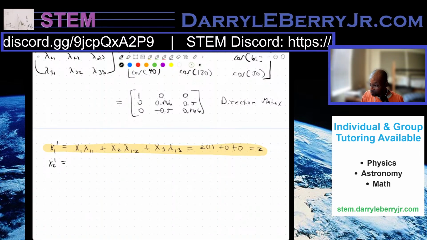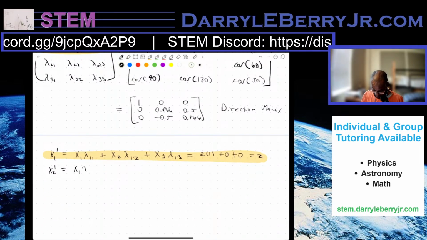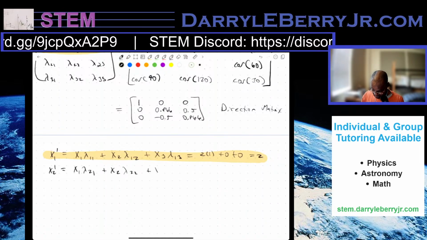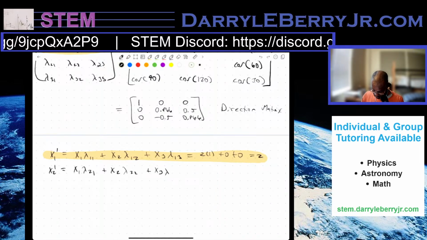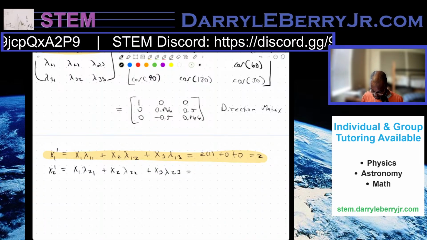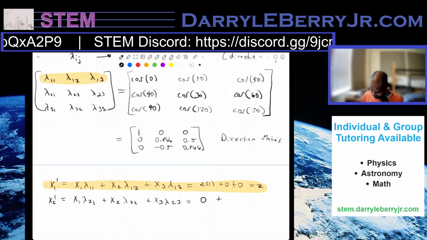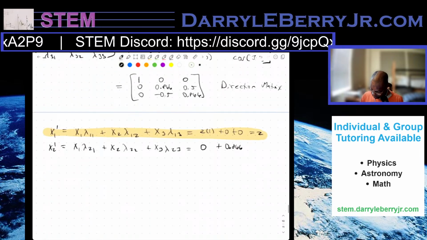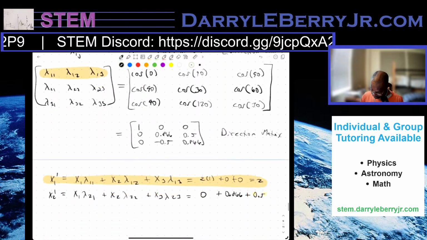X2 prime equals x1 lambda 2 1 plus x2 lambda 2 2 plus x3 lambda 2 3, equals 0 plus 0.866 times 1 plus 0.5 times 3.